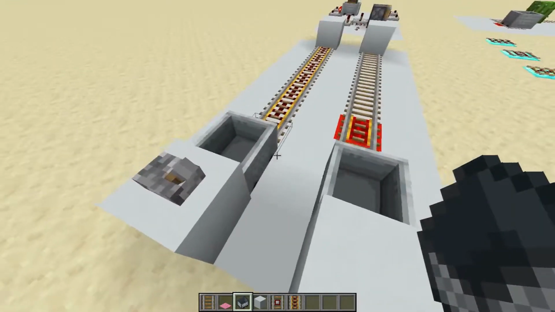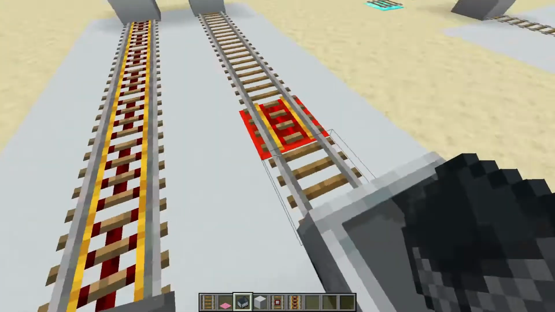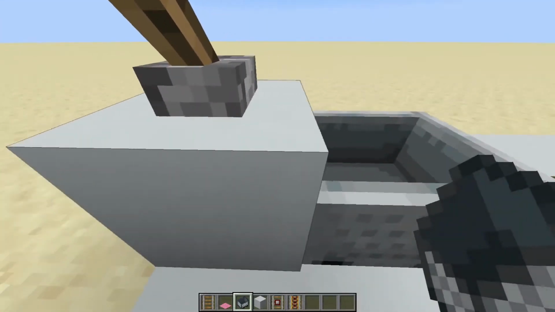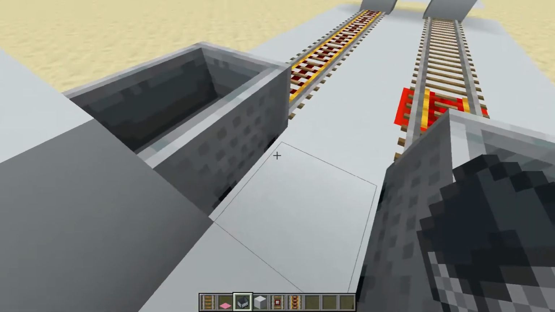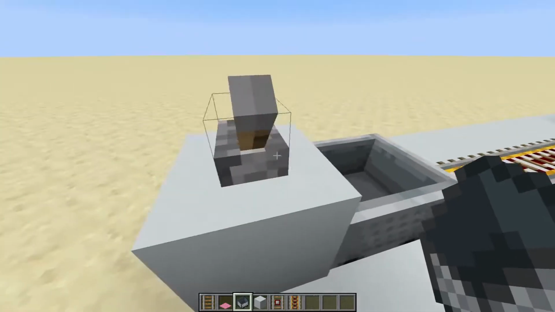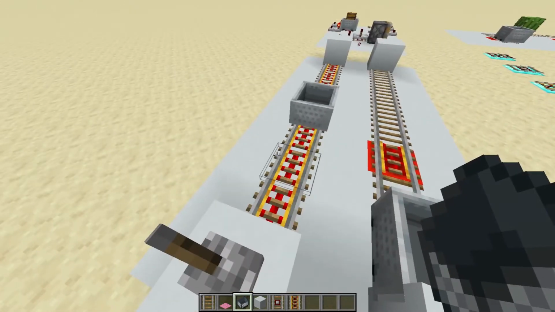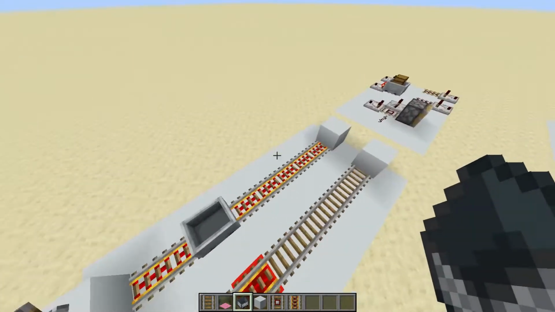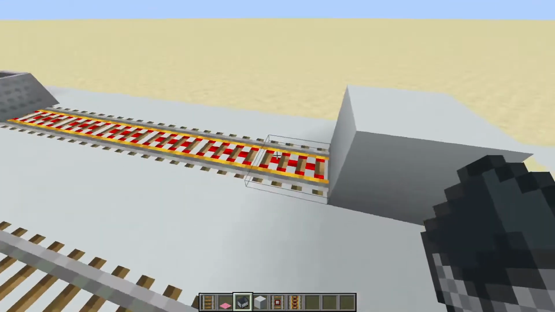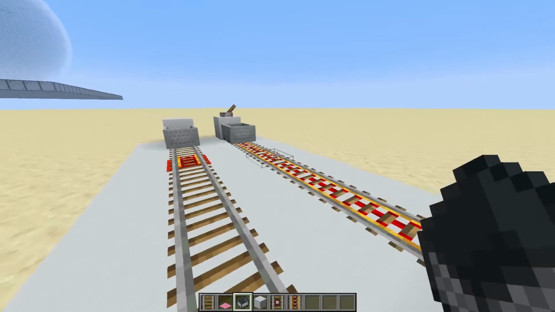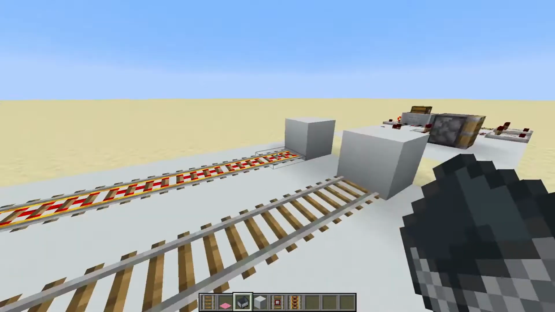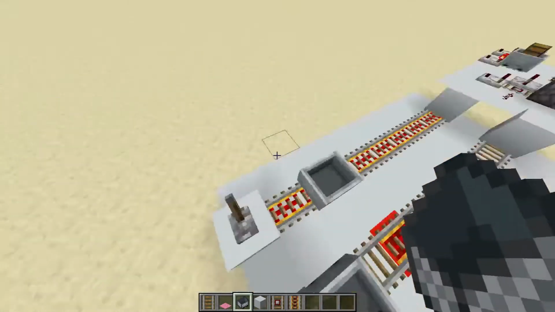One of its features is that when it is powered, and there is a solid block behind the powered rail and the minecart, the minecart will automatically move like that, and the same thing applies here. You can see the minecart is moving back and forth.